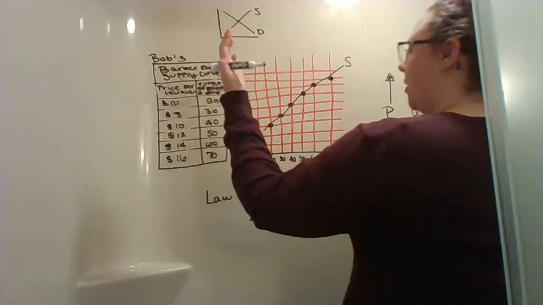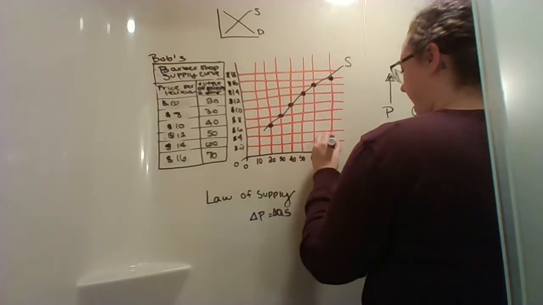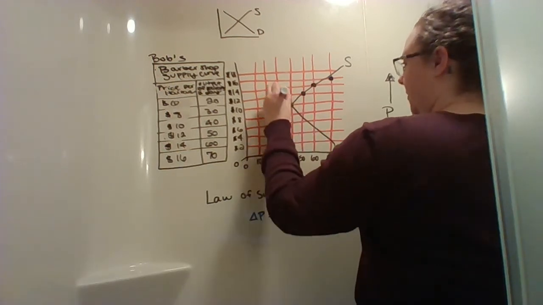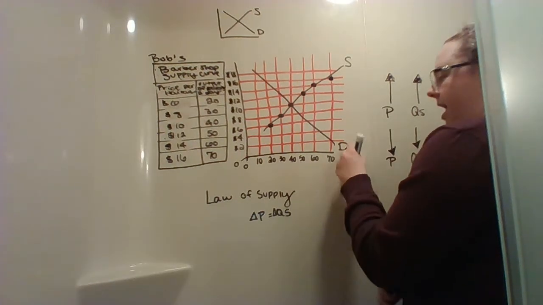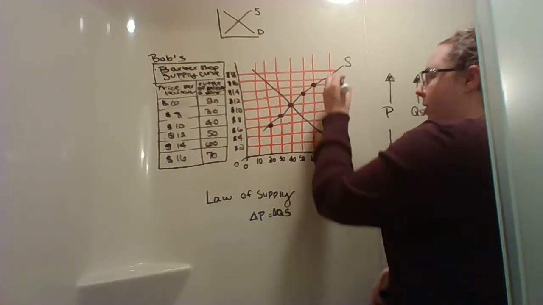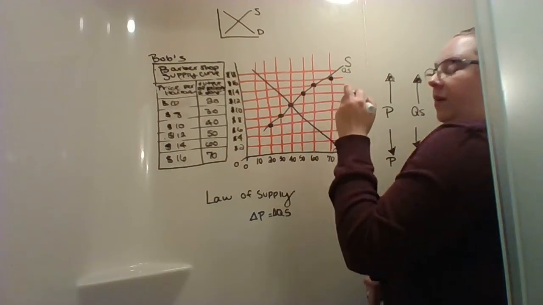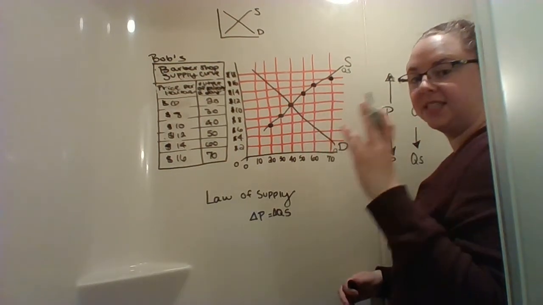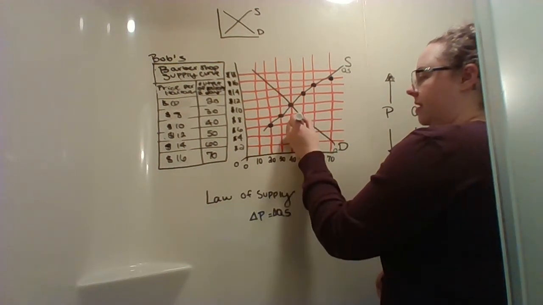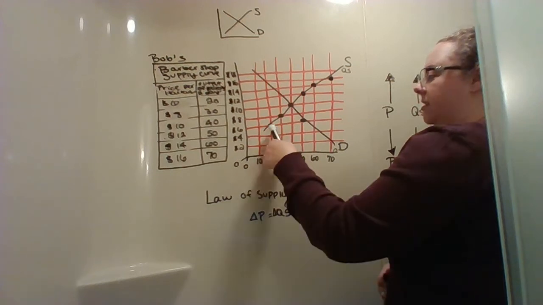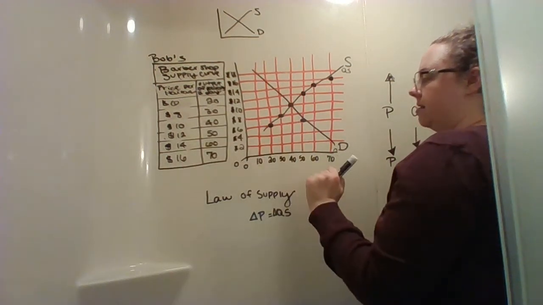So here's this whole example. I'm going to add in a demand line, okay, this is solely for visual purposes. And this is the demand line, okay? Quantity demanded, quantity supplied, okay? We have this fancy little spot on this X. So right here, we have supply, quantity supplied at $6 is 20.